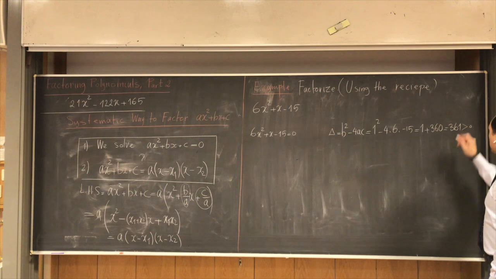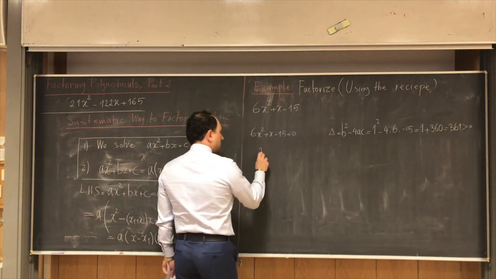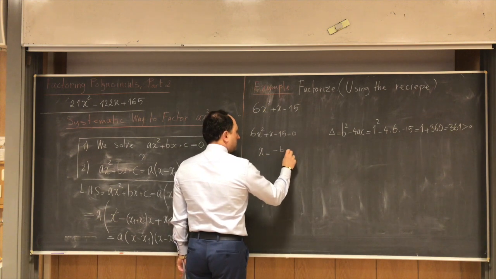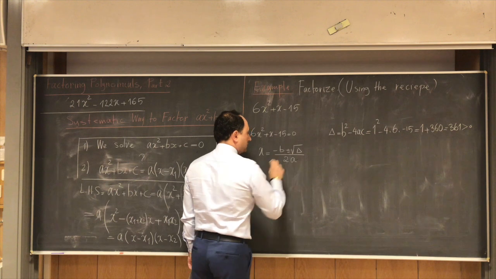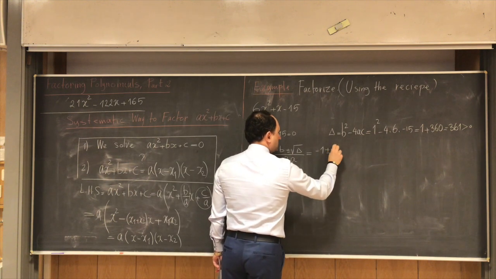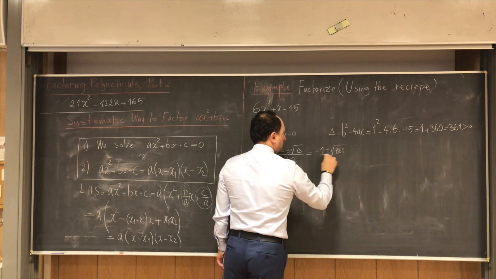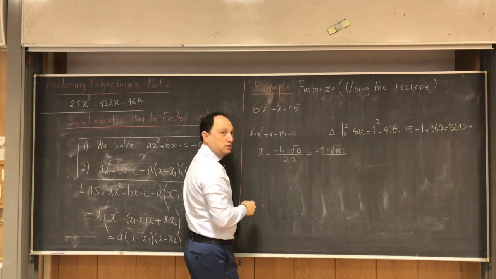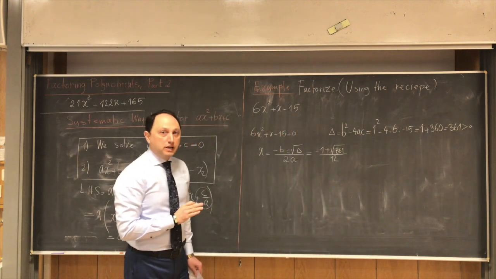And that's positive, so it means that I have two roots. What are the roots? x is equal to minus b plus and minus square root of delta divided by 2a. So minus b is minus 1 plus and minus square root of delta, which is 361, divided by 2 times a, which is 12.